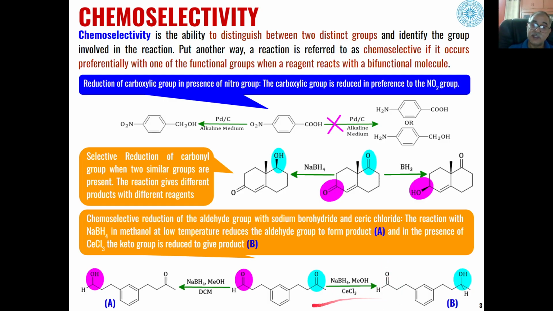Whereas if the same reaction is done with the same reagents except that instead of CeCl3 we use dichloromethane, then reduction of the aldehydic group will take place and the corresponding alcohol will be formed. So again, this is the third example of chemoselectivity for such type of reactions.